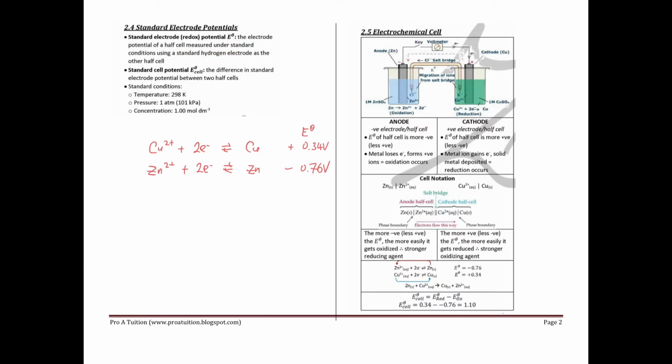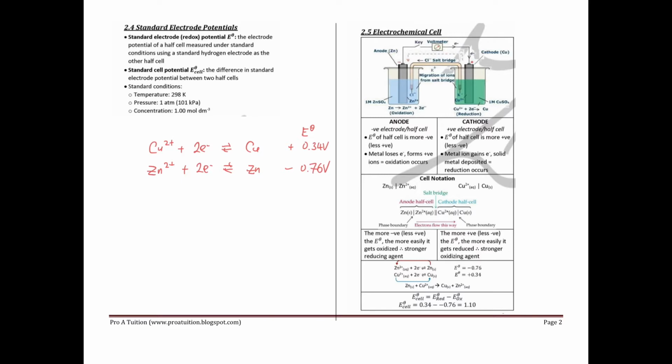Let's say for copper, if you want to find this positive 0.34, the copper has to be half of the cell. It's something like this, I draw it out here.